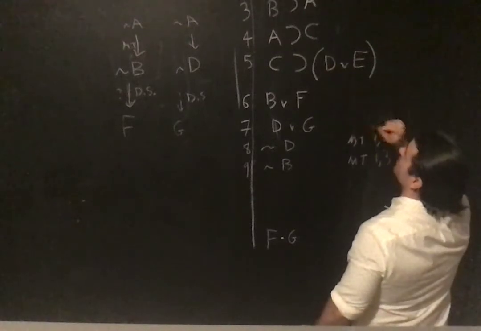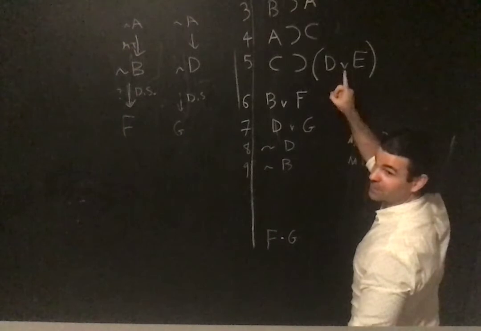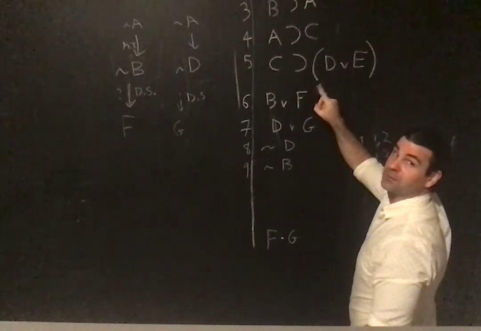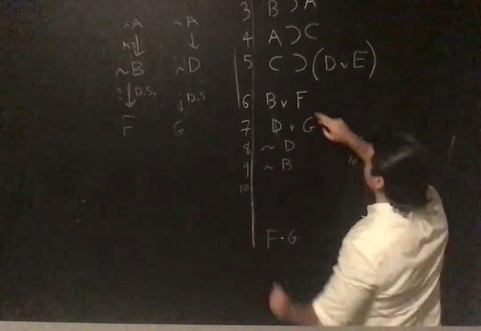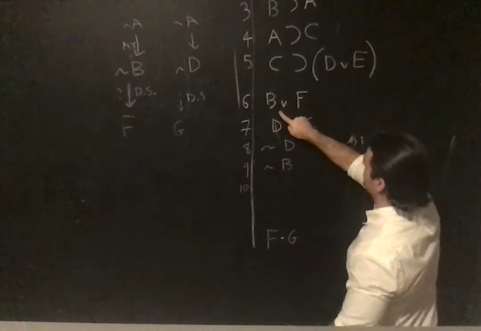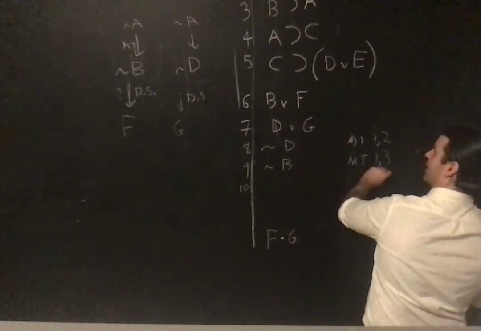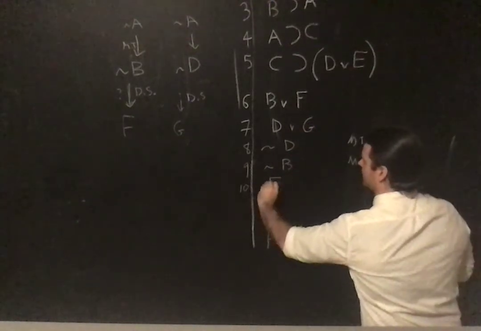Not D was so that I could use on 7. Notice the lesson: 4 and 5 are unused. I never needed them. Okay? So now I've got not B, so I'm going to use 6 and 9, B or F and not B, to get F, right?